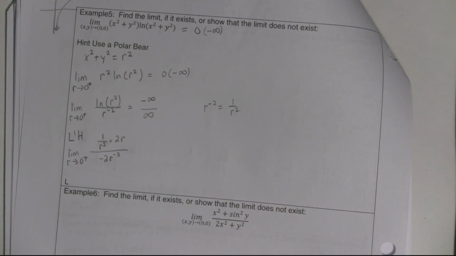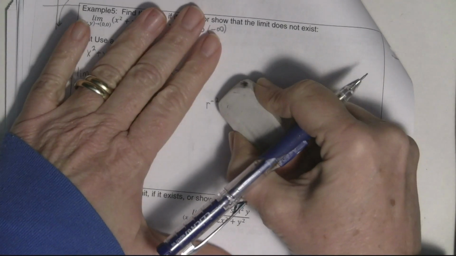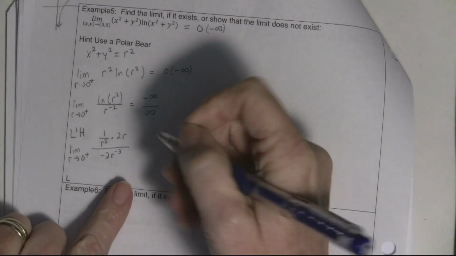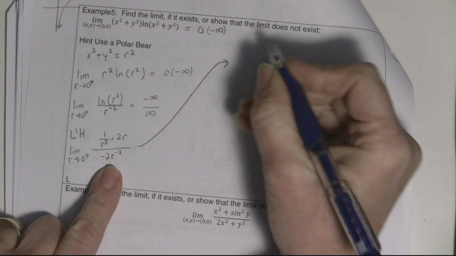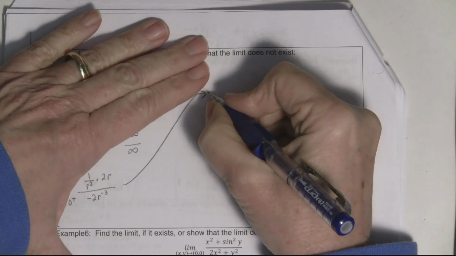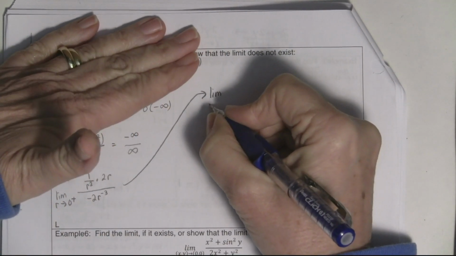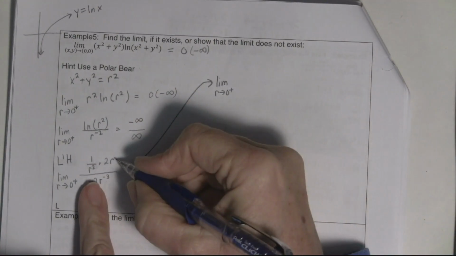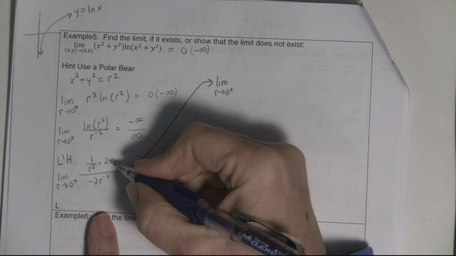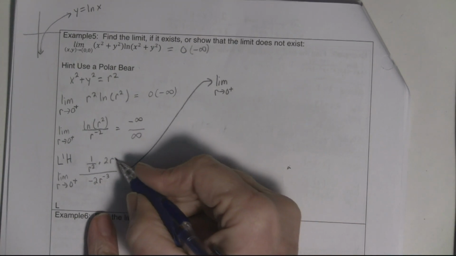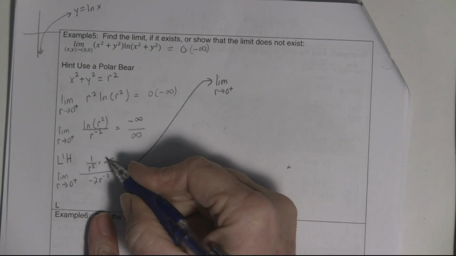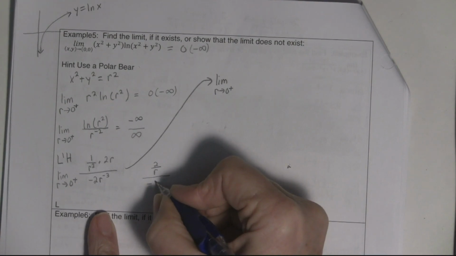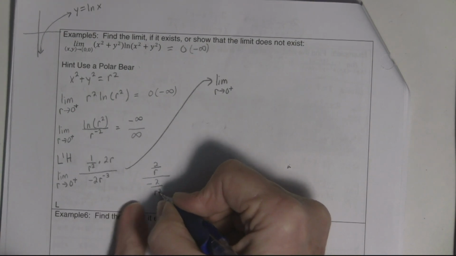And so when the dust clears here, I'm going to erase this so that I can have some room for the dust to clear. I have not taken my limit yet, so I should still be writing my limit, and so should you. In the numerator here, that's going to be 2 over r. And in the denominator, I have -2 over r to the third.